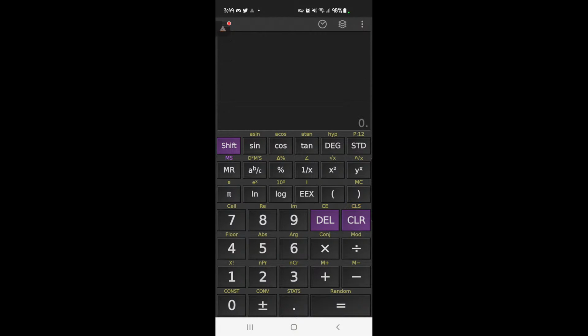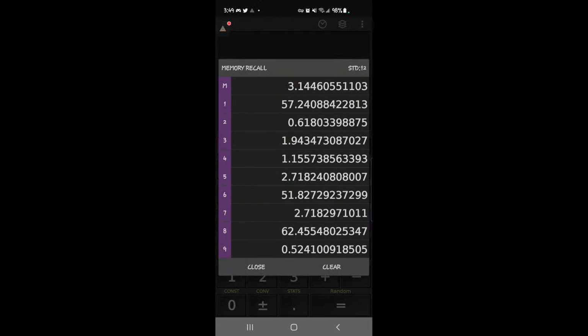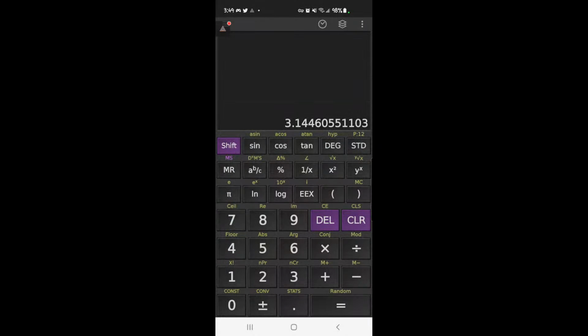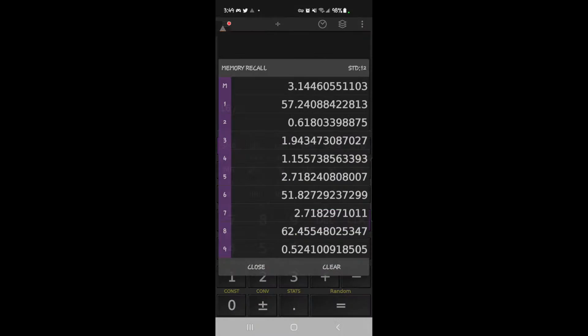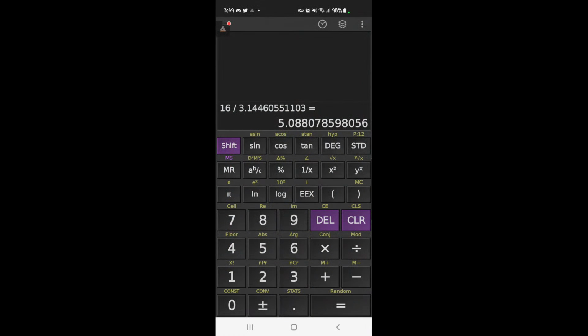This property does not occur with the true value of pi. With the true value of pi, if for example I do 16 divided by pi, it would give us this, right?